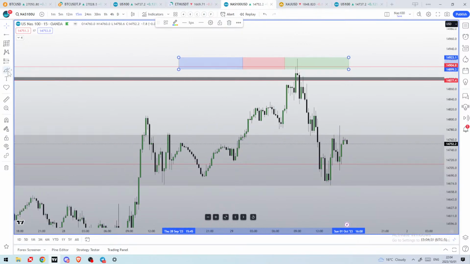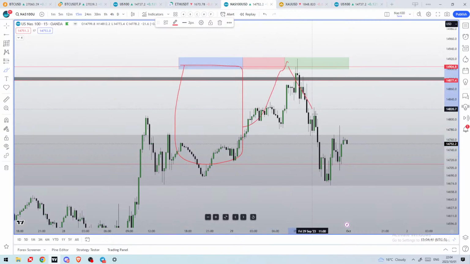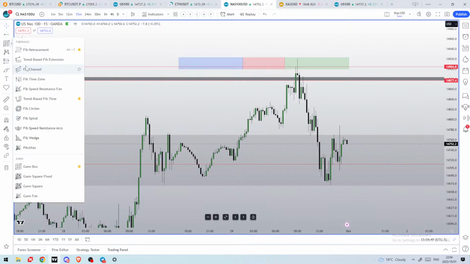Here you can see the first, this is accumulation. Here to here you expect manipulation, and in this here you expect distribution. But more particularly, your distribution should be about 50%.